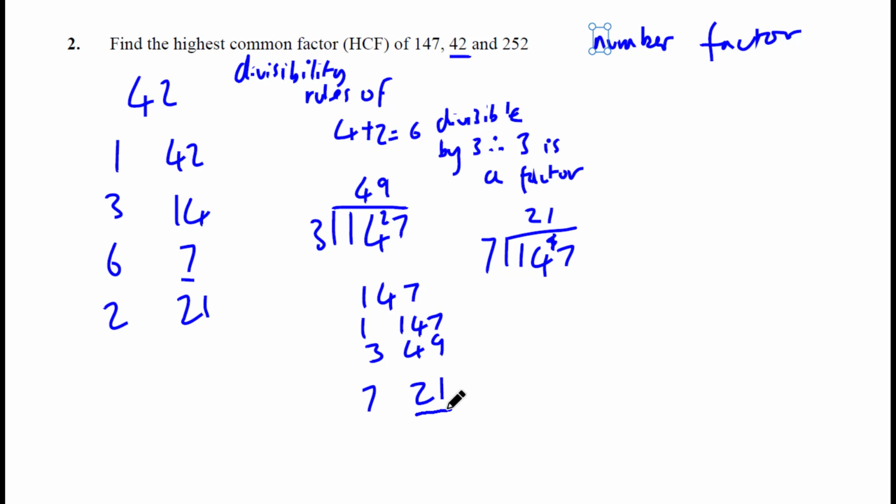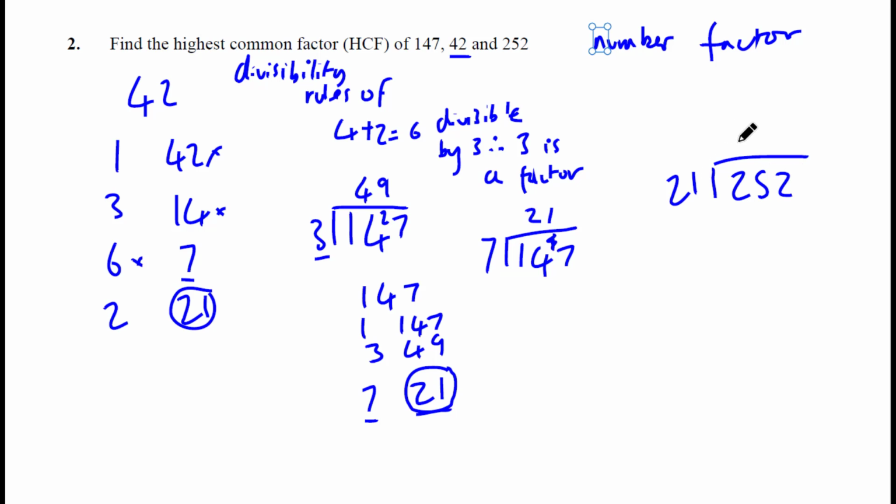Now that means 21 is a factor and 7 is a factor, and 21 you can see matches with this, and we can discount 14, 42 and 6 because they're even numbers. So far we know 7 and 21 and 3 are common factors, but 21 so far is the highest. So we should just start with trying to divide 21 into 252.